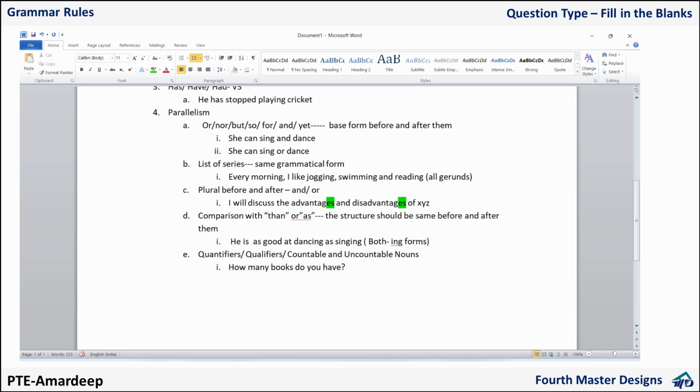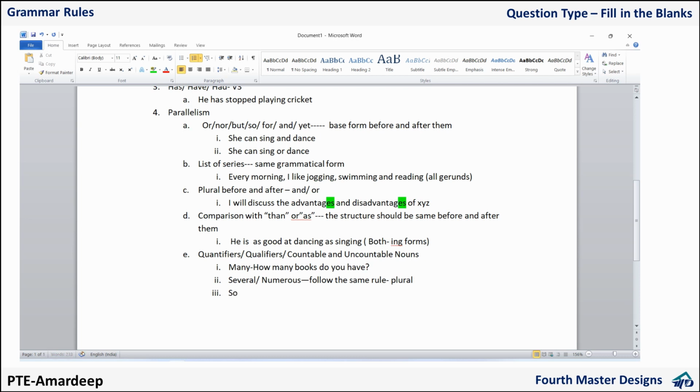Very simple one. In the same way, for many, go with plural. If you have several, or numerous, then you need to follow the same rule. What is that? Plural.